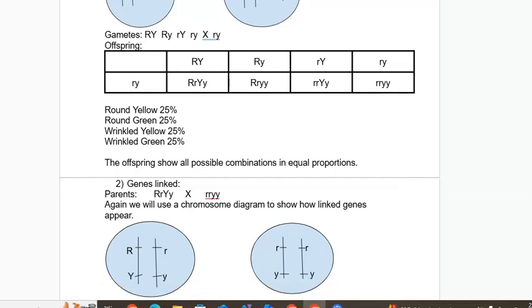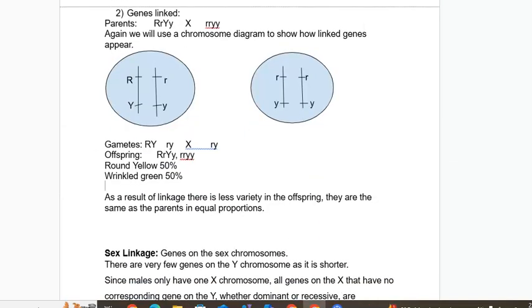And also then the impact on the offspring, there's less variety in the offspring. The offspring are the same as the parents, as opposed to showing all possible combinations that we saw when the genes were not linked.